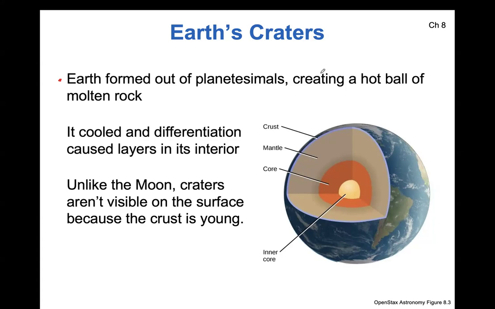So Earth formed out of planetesimals, as we know, right? Creating a hot ball of molten rock. It cooled, differentiated, caused layers in its interior. However, unlike the moon, craters aren't visible on the surface because the crust is young. The planet's old, but the crust, the surface, is young. Whereas with the moon, the surface is old.